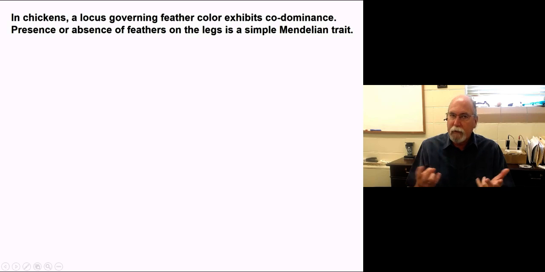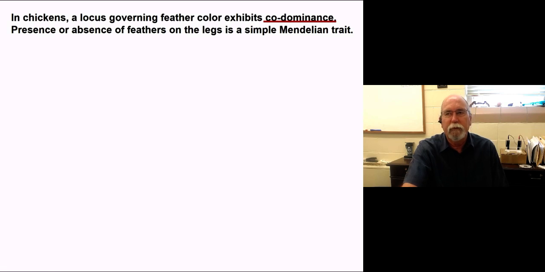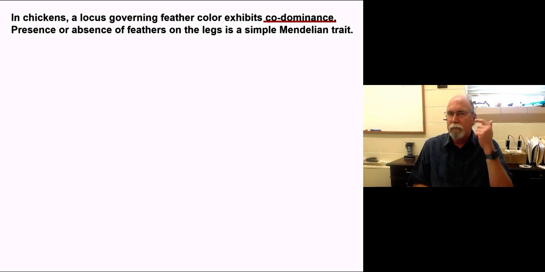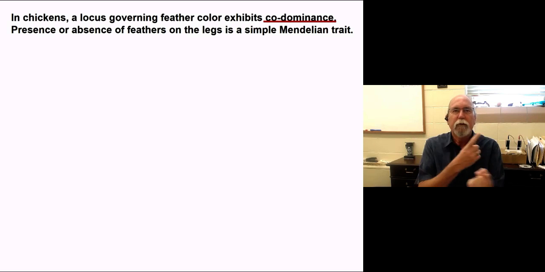So this is a dihybrid problem, right? And it's a dihybrid problem with an important distinction because we have codominance in one trait, this color idea, and we're going to have a simple Mendelian outcome in the second trait. So now we don't have just simple dominant recessive at one locus and simple dominant recessive at another. We've got two modes of inheritance playing a role here.